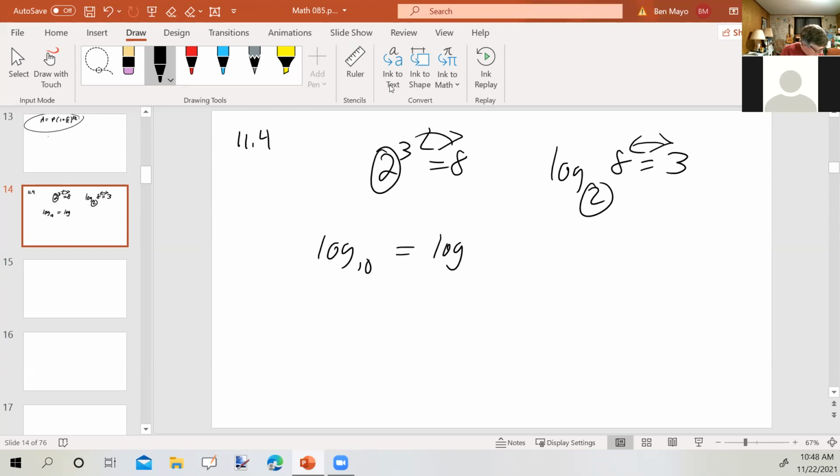And then in 11.5, we introduced base e, which is approximately 2.7. And we said that log base e was written as ln, natural log.